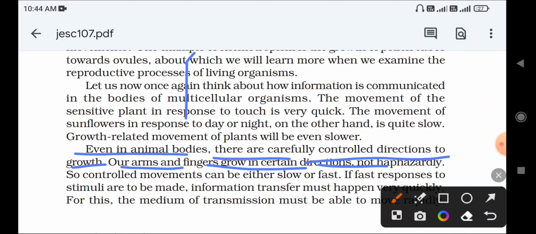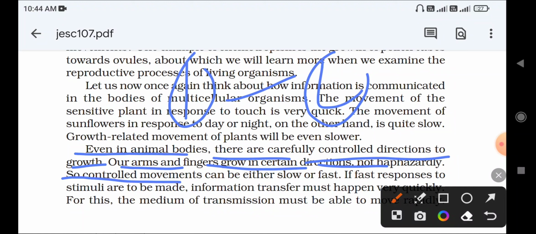Our arms and legs grow in a particular way. It is not random. So a particular order is maintained in our body, and in that manner we grow continuously.